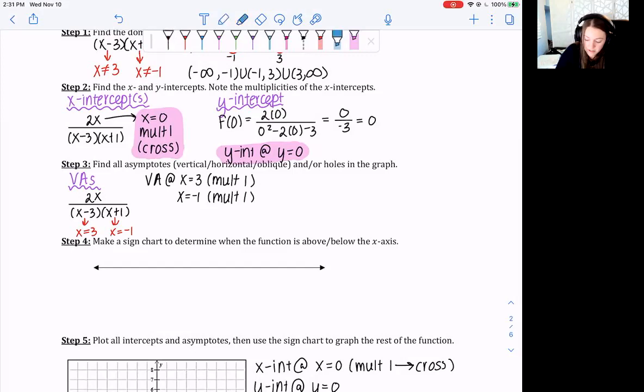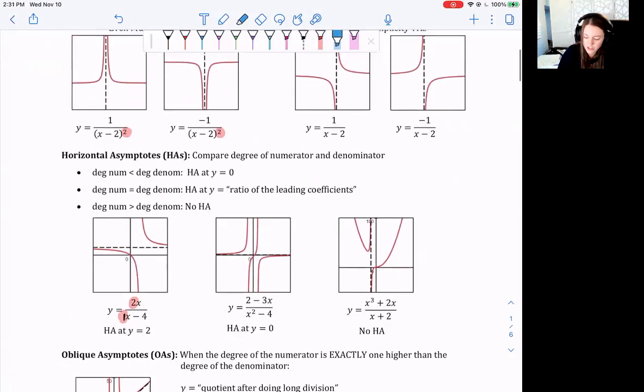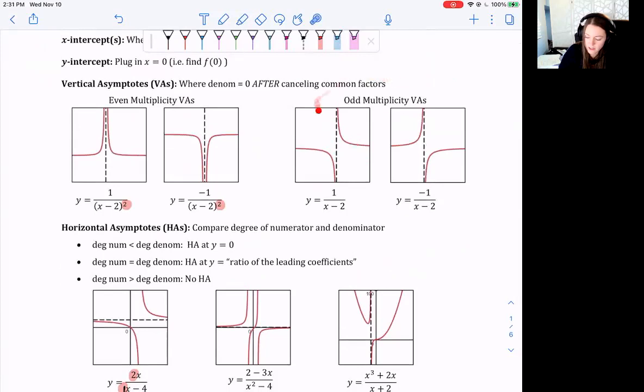What that's going to mean for us is that on either side of each of these asymptotes, the function is going to go in the opposite direction. So if I look up here with the odd multiplicities, they're going to go in opposite directions as they hug the asymptote.